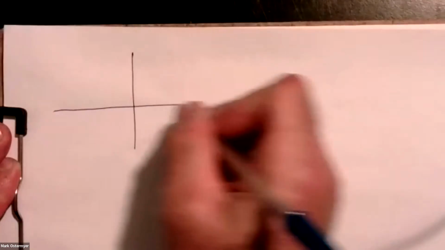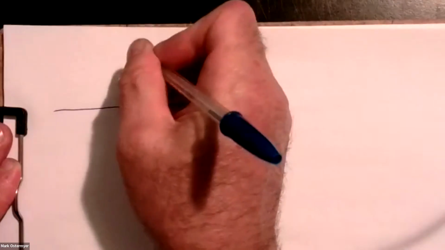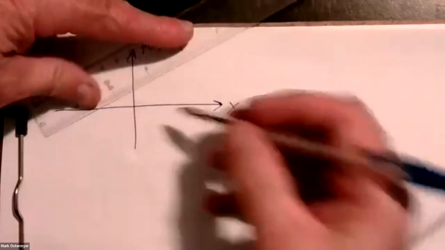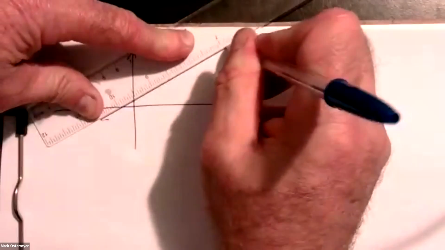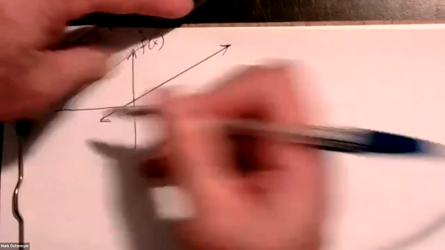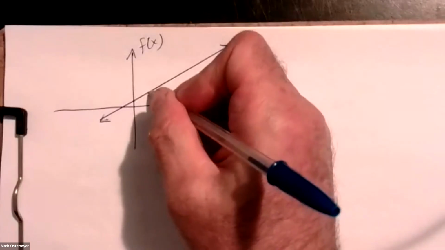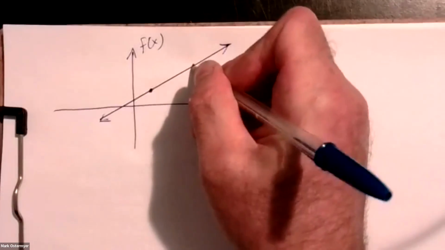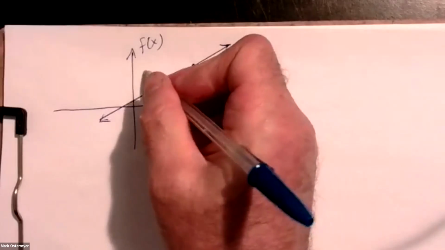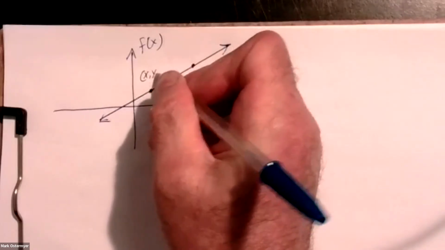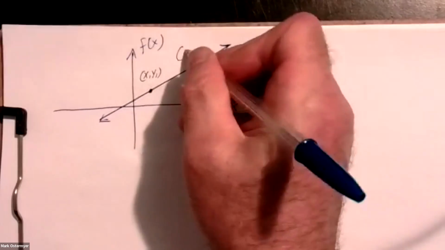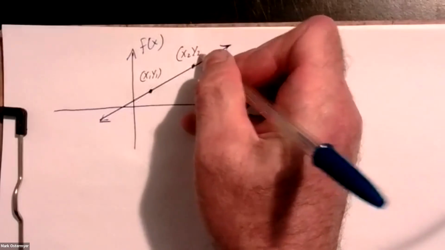But first, maybe we should jog our memory as to what the slope of a line is all about. Suppose that I have a linear function and I graph it, and suppose that it is a line that maybe looks like this. I'm going to choose 2 unique points on this line. This point here is going to be called my point (x1, y1), and this point is going to be labeled as (x2, y2).